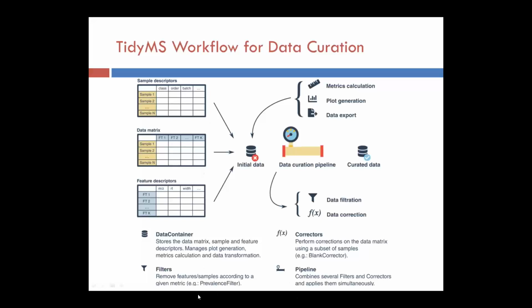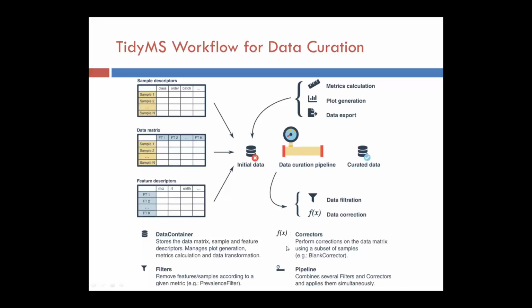The filter object aims at removing features or samples according to a given metric. For example, the prevalence filter would allow removing features based on a threshold that the user decides in a certain group of samples.